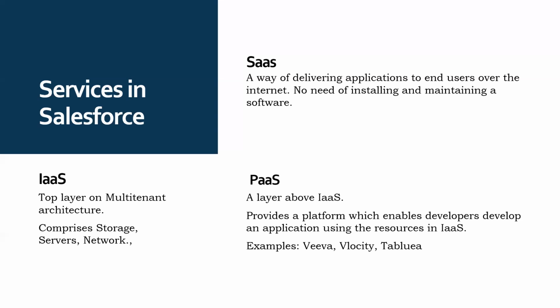We'll come back to this in a minute. The third layer is SaaS, software as a service. All the Salesforce developers, whoever is working in Salesforce, what you do in day-to-day business is use the SaaS capability of Salesforce, where you use the Salesforce platform to build applications for your clients. All right.